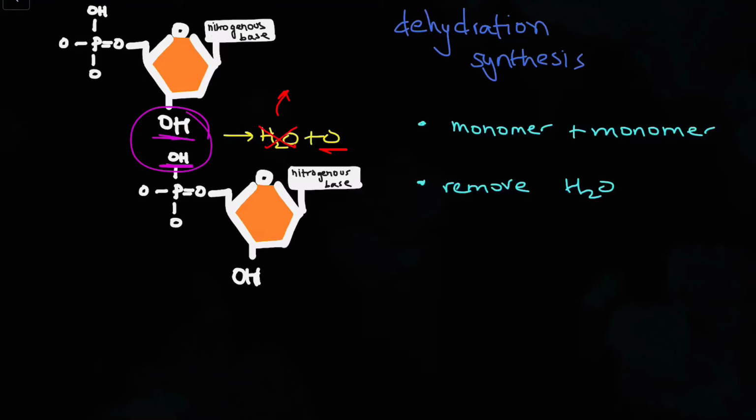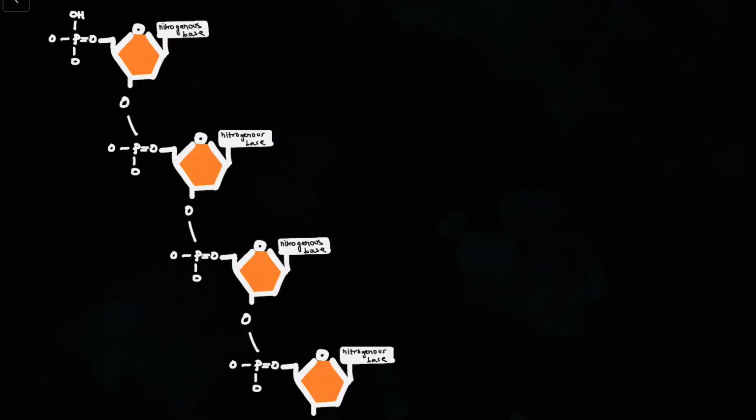So the molecule ends up looking like this. So all of that's gone, and you have a single oxygen binding the 2 together. And this happens again and again, and more nucleotides are added to the nucleic acid, which ends up making the molecule look like this.